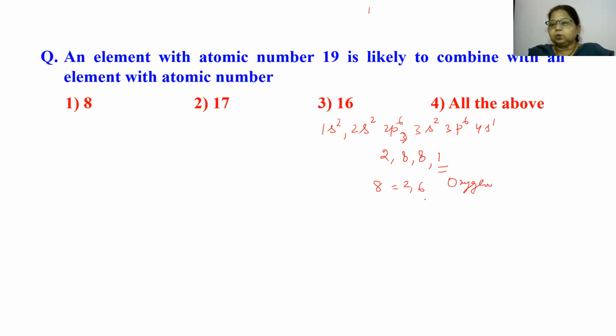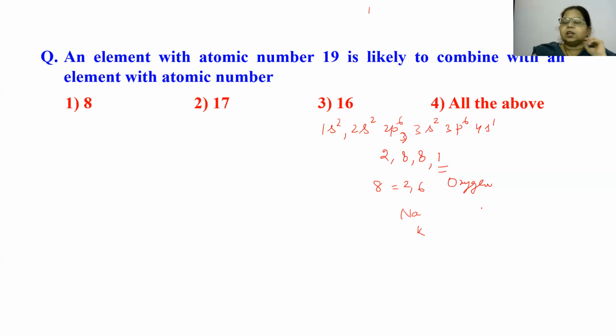So what it will do, it will react with oxygen. You might have been taught either by me or anybody else where we store sodium and potassium. They are highly reactive, so they are stored in oil, kerosene oil to be precise. They are stored in kerosene oil, and potassium is stored in paraffin wax, right?